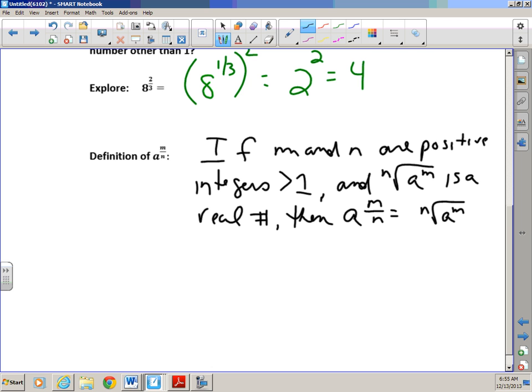Also, you might see it sometimes written as the nth root of a, to the m power.